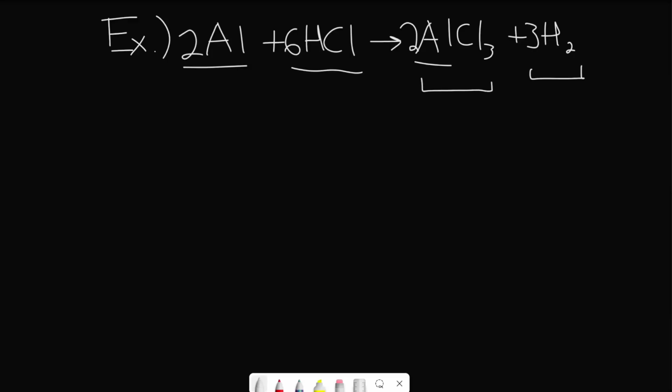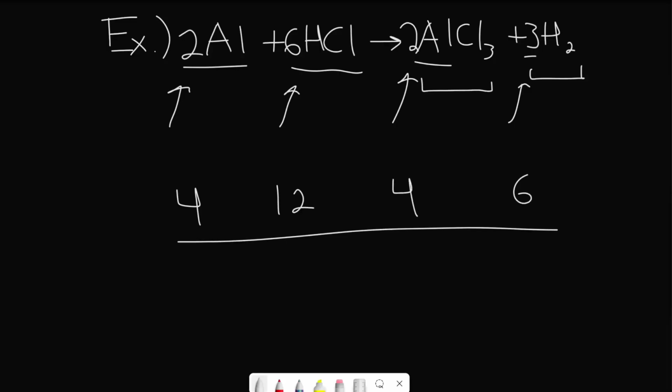The way to double check and make sure that you balanced correctly is that when you try to divide the coefficients, these must be the simplest possible coefficients and cannot be simplified further. So for example, if we had got 4, 12, 4, and 6, well, all of these can be divided by 2, therefore our job is not finished if we were to get that as an answer.